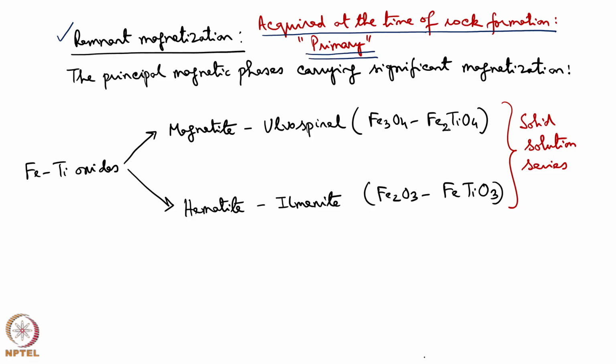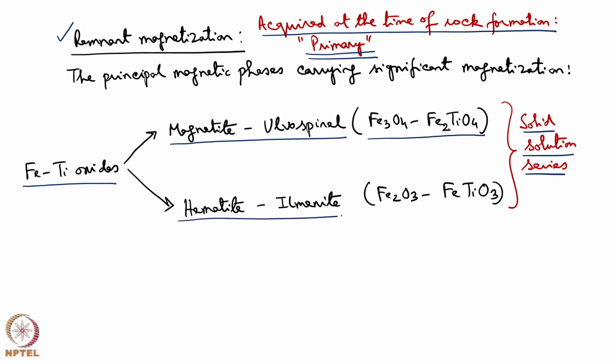Now, the principal magnetic phases carrying significant magnetization are the FeTi oxides, and we can think of two solid solution series. One is the magnetite-ulvospinel, which is Fe3O4, Fe2TiO4, and hematite-ilmenite, which is Fe2O3, FeTiO3.